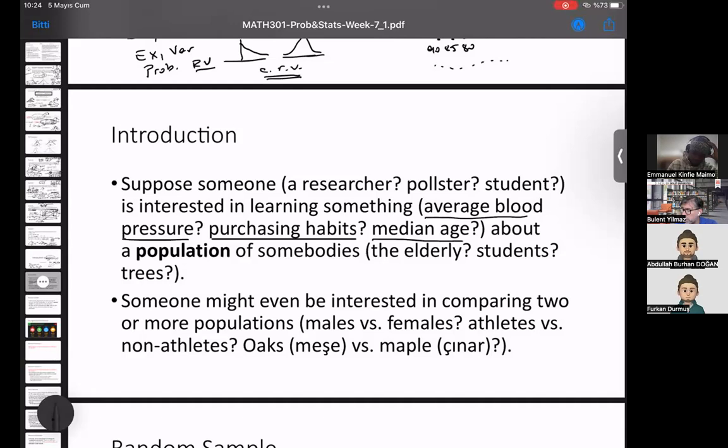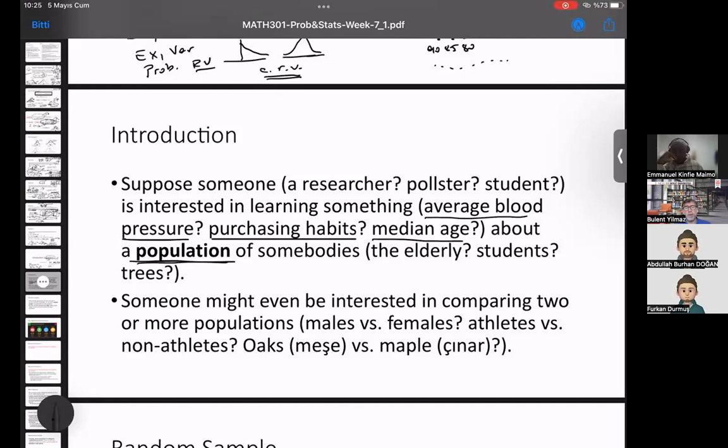So here we are trying to find out information from the population, for example, the Turkish population or world population, or only the doctors, only the elderly people, only the students, only bacteria. We want to find out something about the whole population.